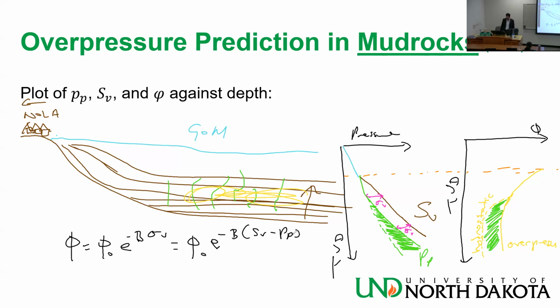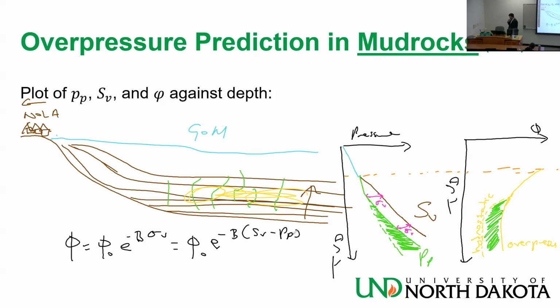That is to express the overpressure, and you will see why. How do I understand it? From an increase in porosity. I expect it to follow the dotted yellow line, but I get it to follow the solid line, higher than what I expected. And I say it's higher than expected because it's overpressure. So I measure higher porosity, and I say it's because I have higher pore pressure than what I expected.